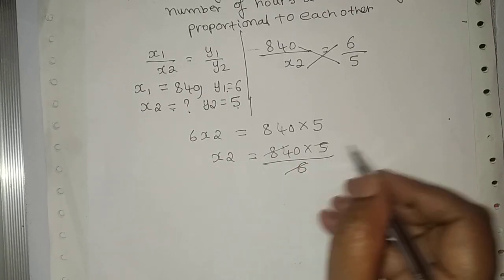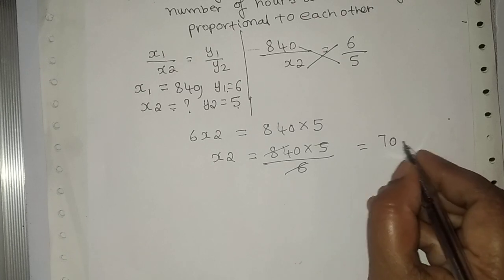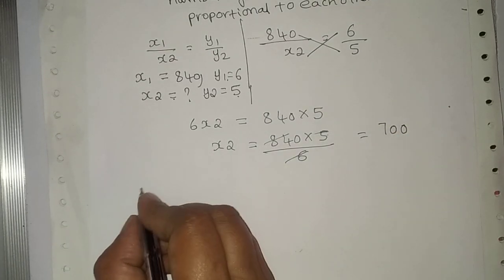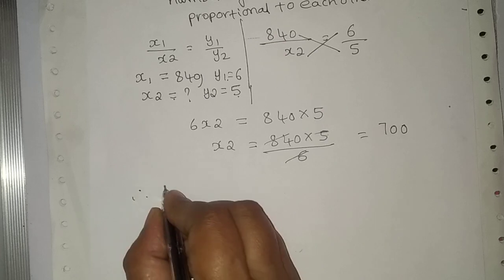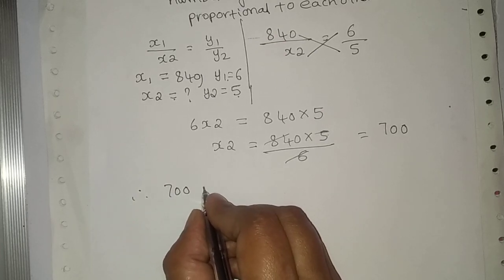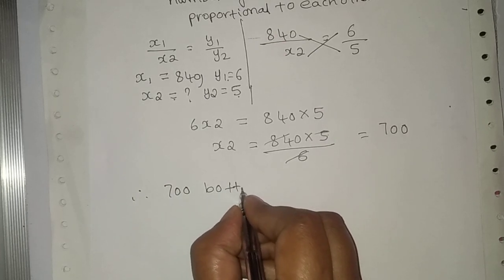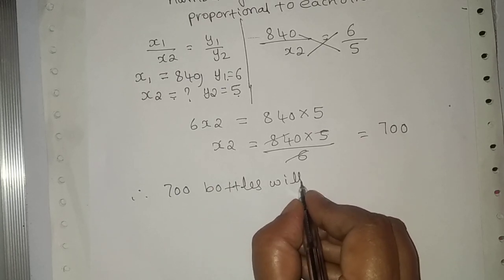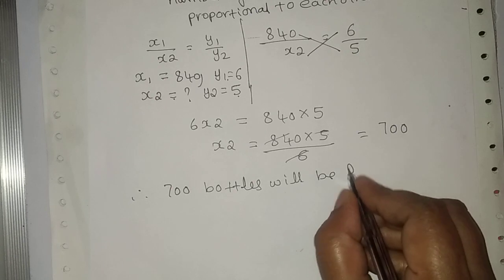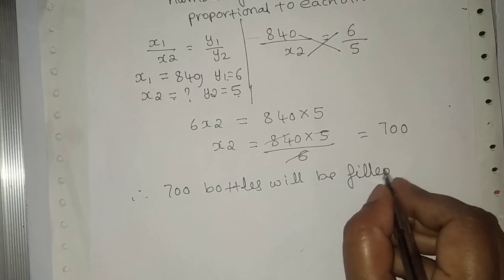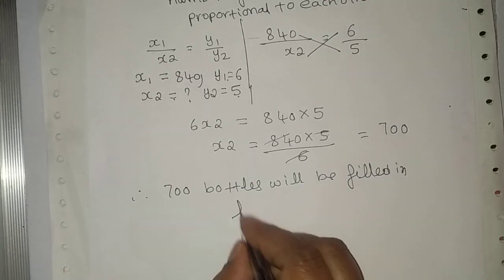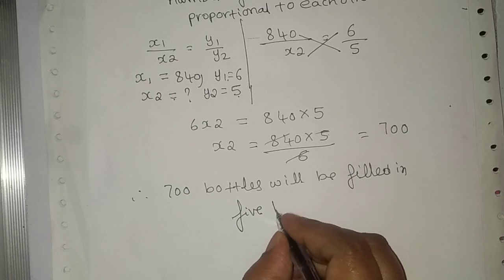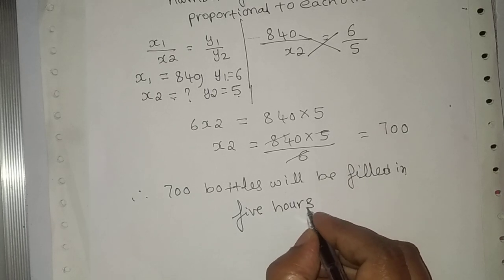Finally we simplify this, we'll get 700 bottles. So we write, therefore 700 bottles will be filled in 5 hours. So this is the solution.